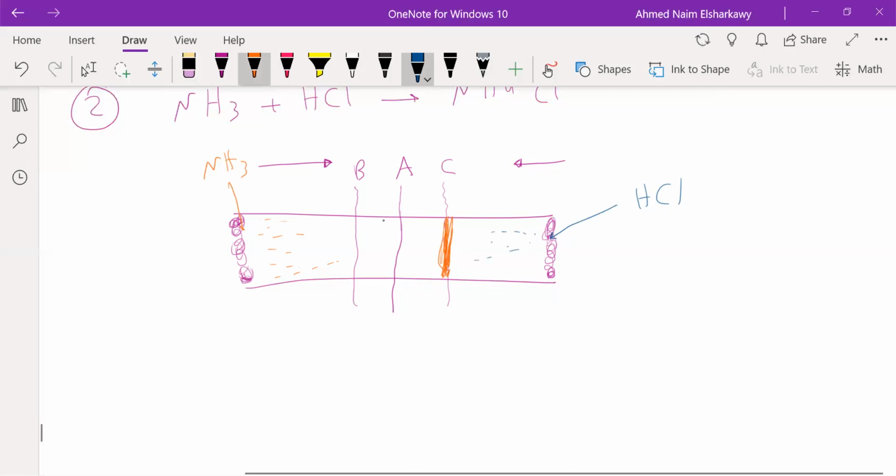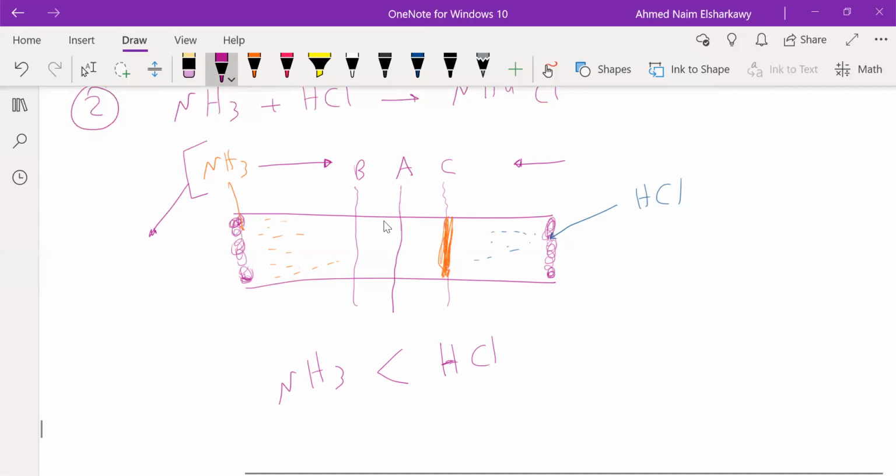Because they are not moving at the same speed. If we are talking about the molar mass, we will find that the mass of NH3 is lower than HCl. So the particles are lighter, right? And we say that diffusion is affected by the temperature and affected by the mass, right?